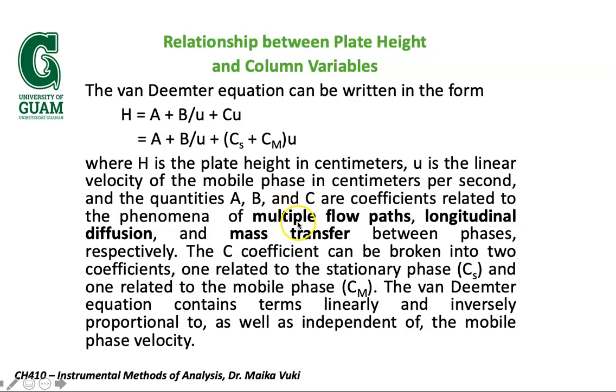So in other words, some analytes will travel a little bit further compared to others, depending on the random flow path they undertake. What essentially results is that the analyte will reach the detector in a broader way.